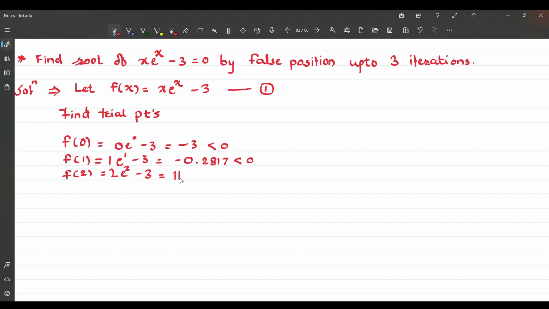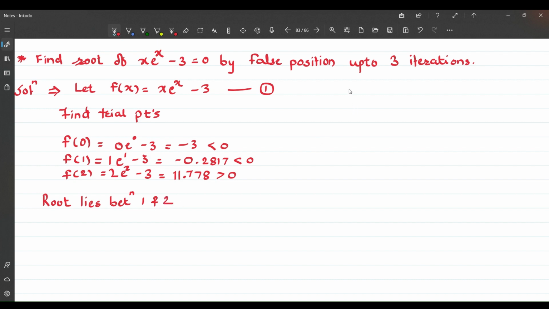So the answer is 11.778, which is positive, greater than 0. So our interval is 1 and 2. Our trial points are 1 and 2. So we can write here that the root lies between 1 and 2.